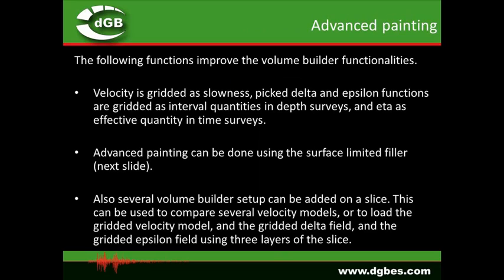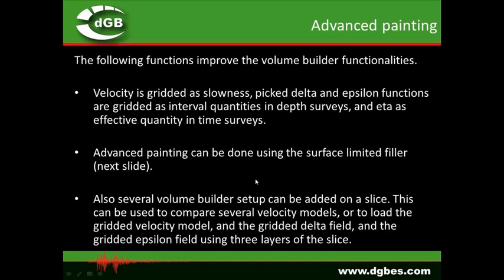Finally, you have one more capability called advanced painting, and this function improves the volume builder functionalities. For instance, velocities will always be gridded as slowness, and picked delta and epsilon functions are gridded as interval quantities in depth surveys, and eta is gridded as an effective quantity in time surveys. Advanced painting can be done using the surface limited fillers presented on the next slide, and also several volume builder setups can be added on one slice.